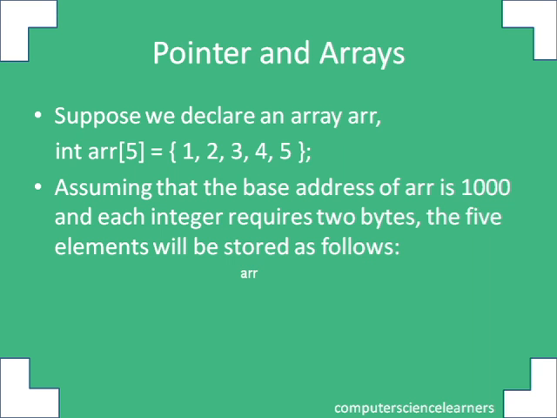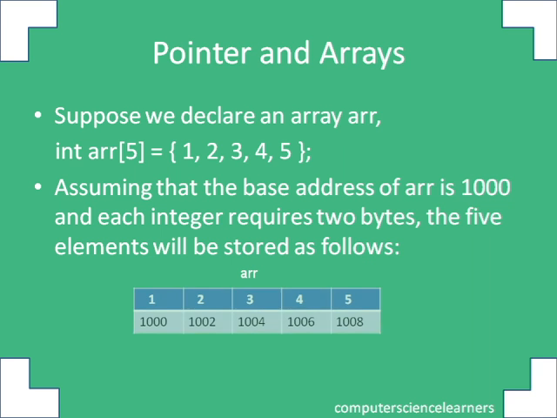See, I have ARR. The starting address, or we can term it the base address, is 1000, and an integer occupies 2 bytes. So 1000 plus 2 is the second element location, plus 2 the third element location, plus 2 the fourth element and the fifth element.